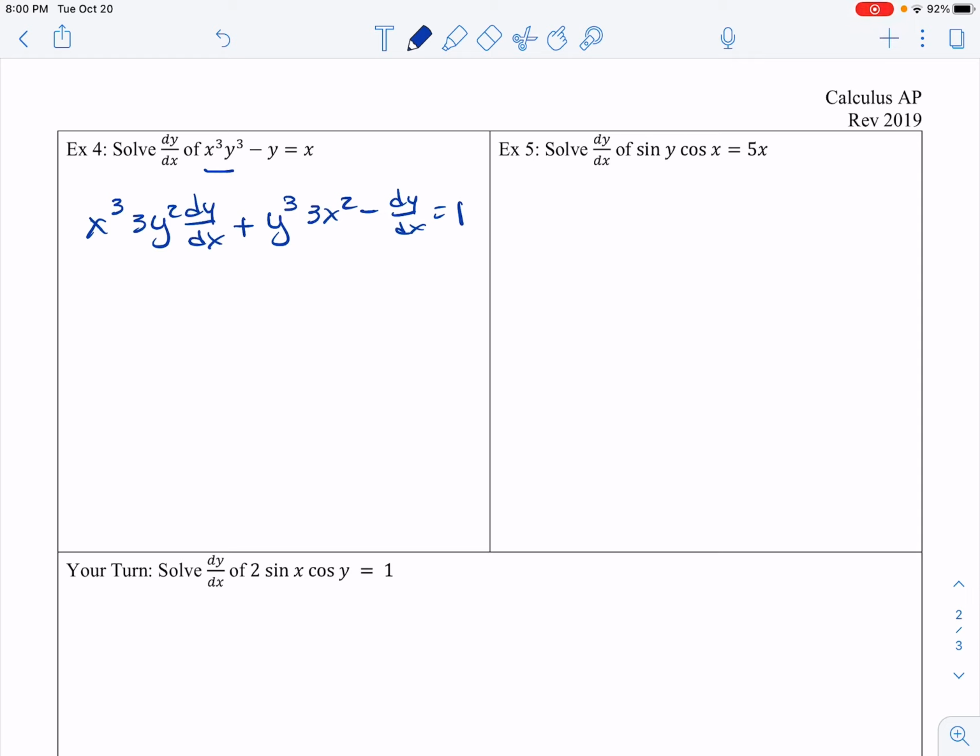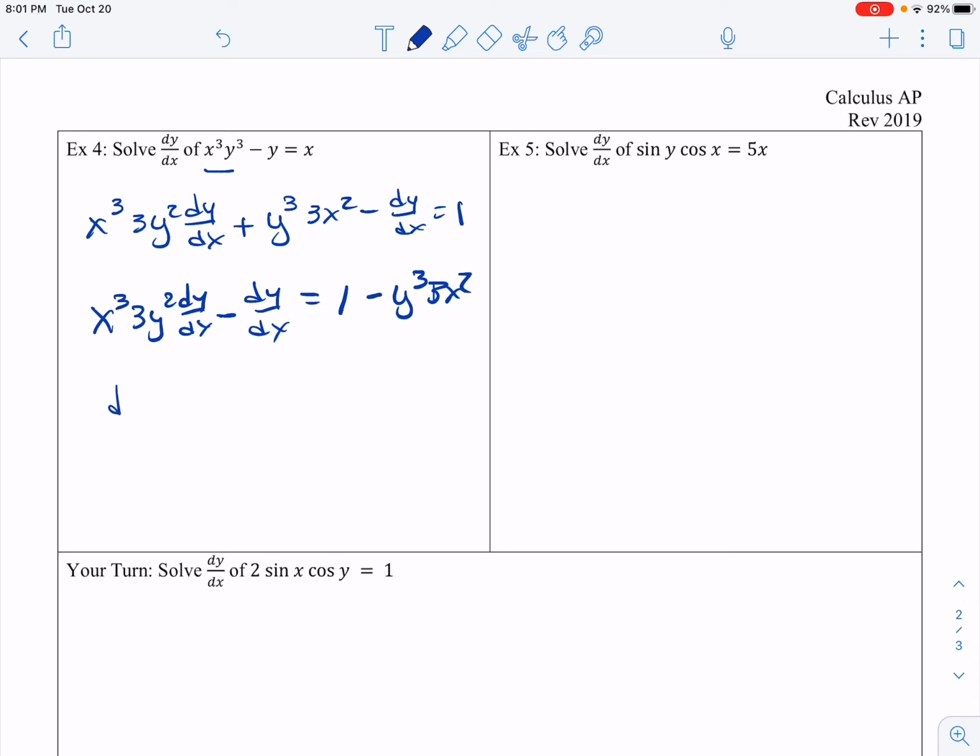Okay, take the terms that don't have a dy/dx in them over here, so you get 1 minus y cubed 3x squared, and I'm left with x cubed 3y squared dy/dx minus dy/dx.